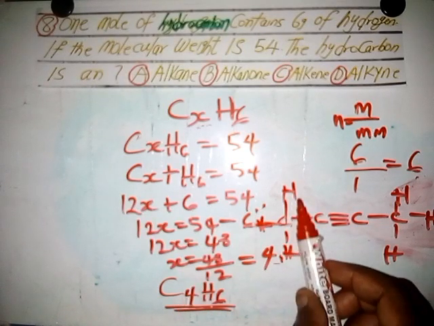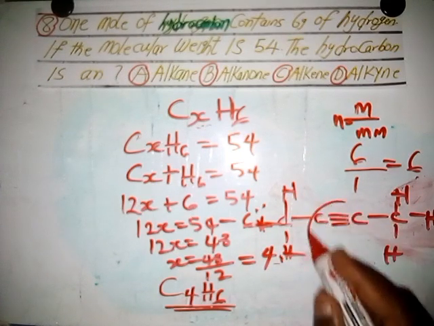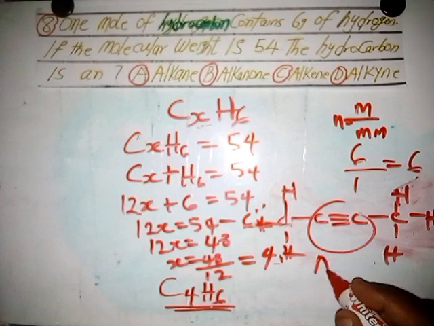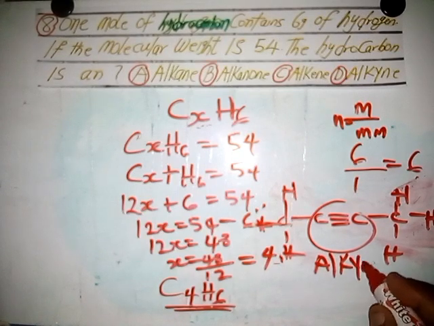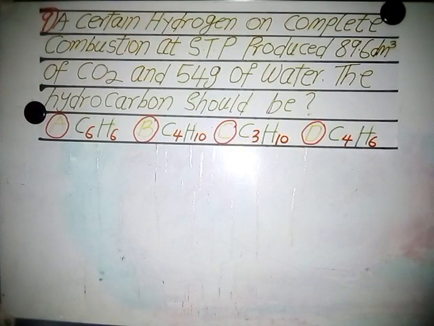C4: 1, 2, 3, 4, 5, 6. So you see this group, alkyne. Answer: D, alkyne. C4H6, triple bond. Number 9.